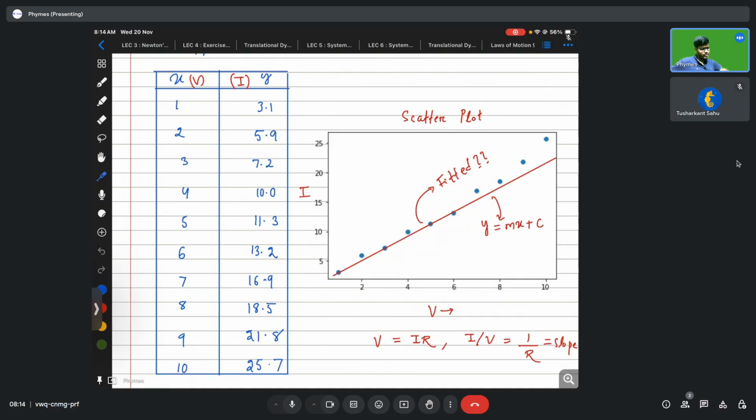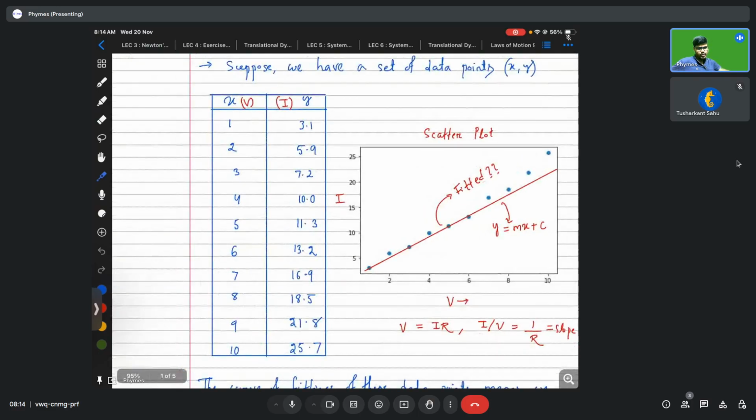When we try to fit the data by hand, we try to find the line that passes through the maximum number of points, right? That we did when we were in school.